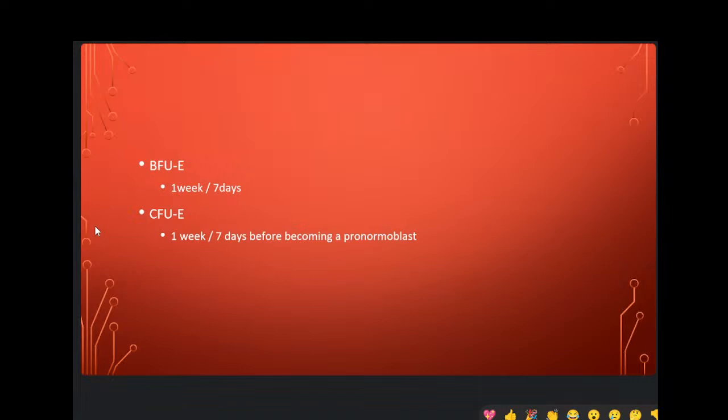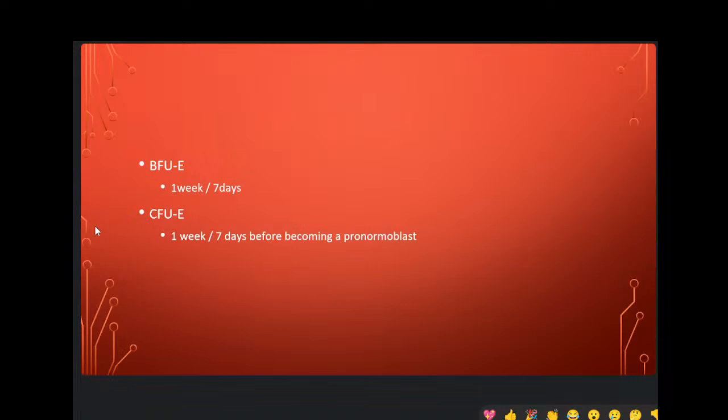And then for CFU-E, before it becomes a pronormoblast, it takes 1 week or 7 days. Rodax 7 days. Shula, 1 week. Yun lang naman ang pinagkaiba. Sir, parehas lang naman. 7 days. Malay ko ang mga students ko ganyan pa ulit-ulit eh. Gusto specific. So, in-specific ko talaga.